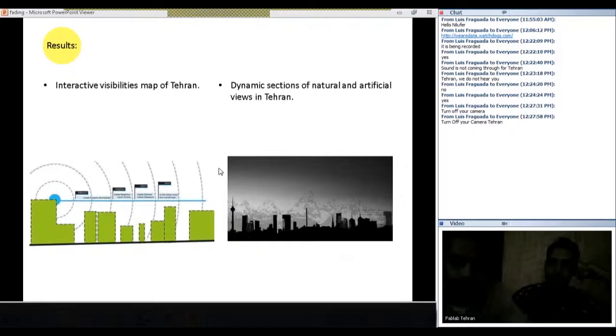We are going to show the results on some interactive visibility map of Tehran, so you can see the factor change through the different locations of the city. And in the right picture, you see a very schematic animation that shows change through the growth of the city and the fading of the visuals that you have.